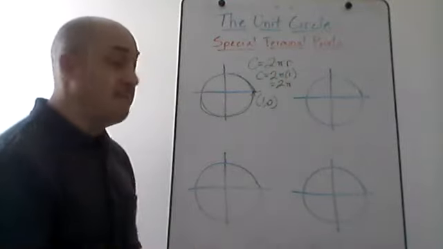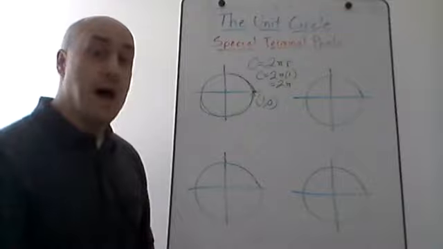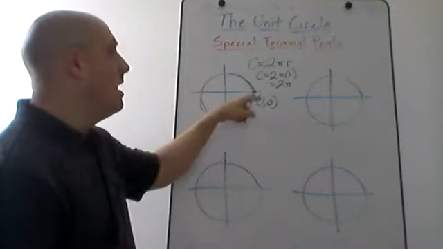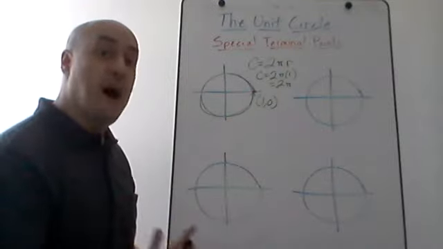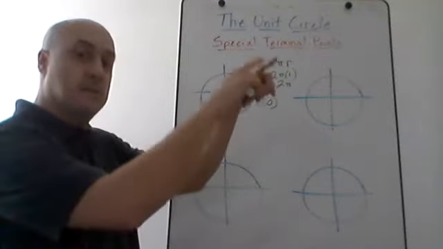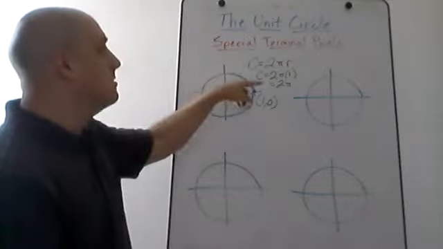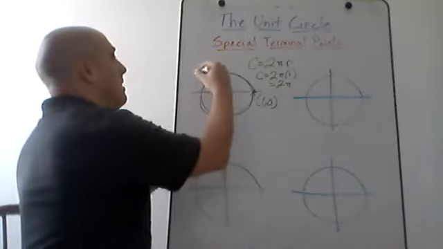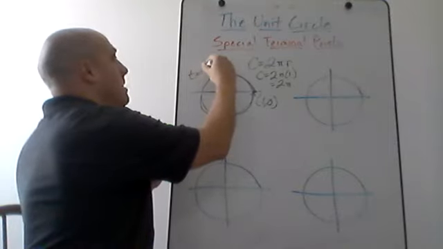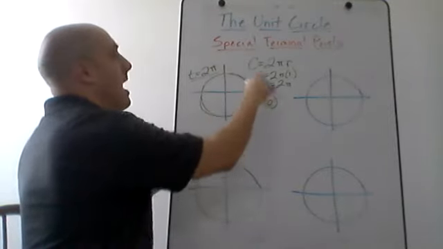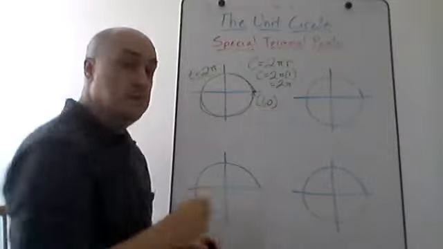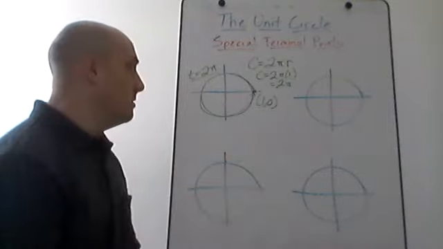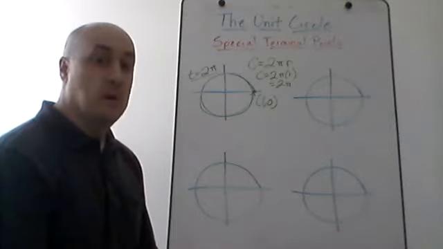So the circumference of my unit circle is 2 pi, which means if I travel all the way around the circumference, I travel a distance of 2 pi units. Remember, the circumference is the distance around the outside of the circle. So 1 full lap around the outside of the circle is a distance of 2 pi. So if my t value is equal to 2 pi, I have a terminal point of 1, 0. 2 pi, 1 full circumference, 1 trip all the way around the circle, and we end up with a terminal point at 1, 0.